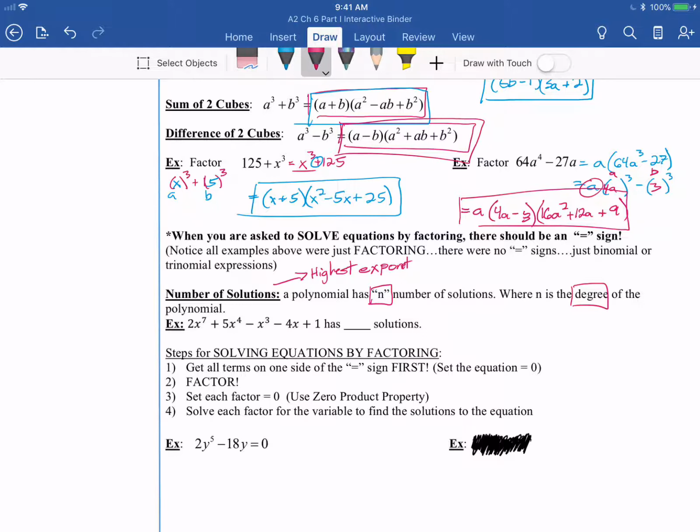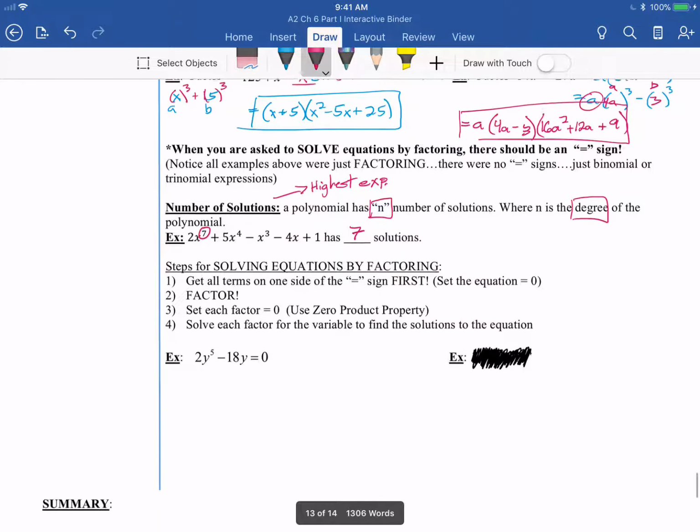I can't spell exponent, apparently. Here if I look at this first example, 2x to the 7th plus 5x to the 4th minus x cubed has blank number of solutions. It has 7 solutions. It is just looking at your highest exponent, which gives me my number of solutions.